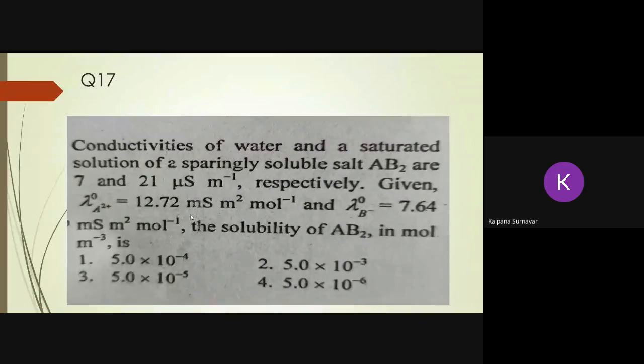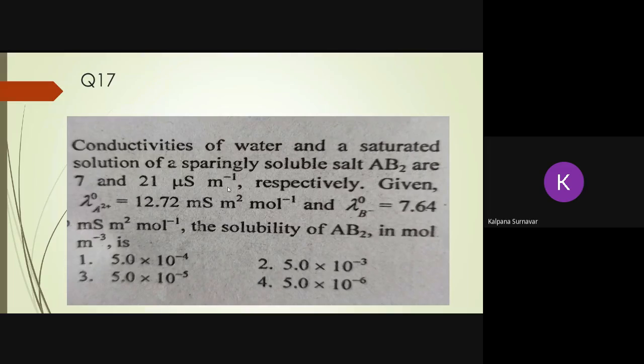See, question number 17 is written here. This is based on conductometry. The conductivities of water and a saturated solution of a sparingly soluble salt AB2 are 7 and 21 microsiemens per meter.